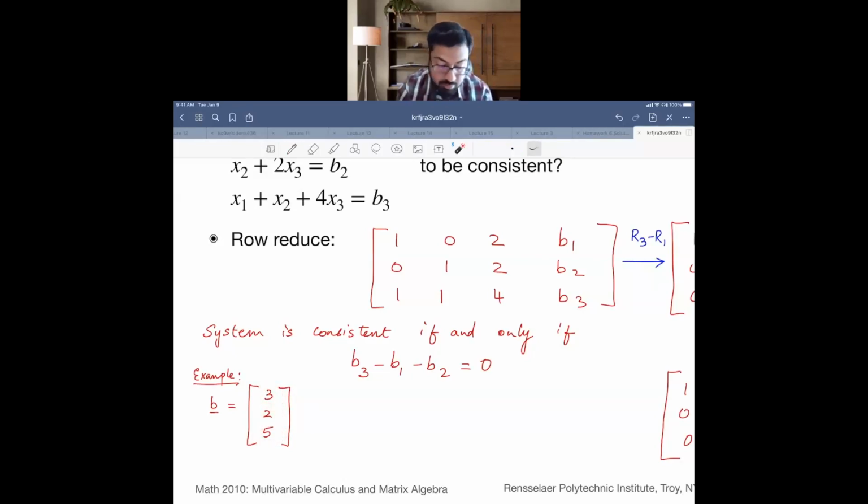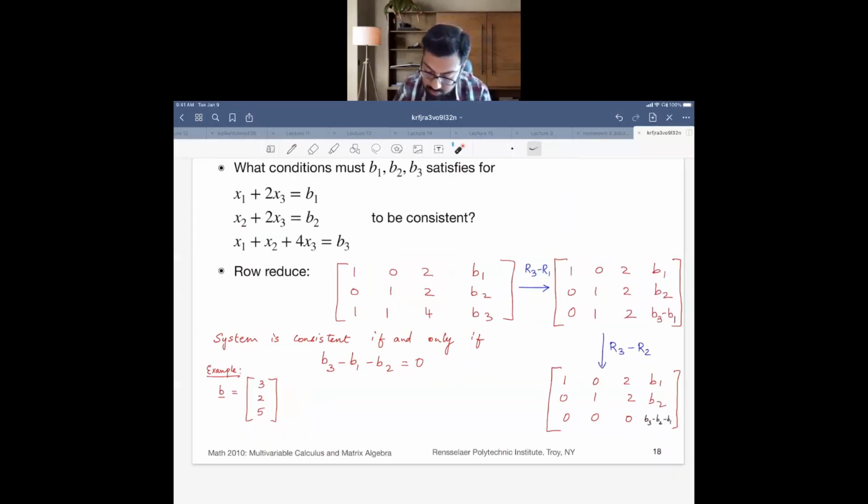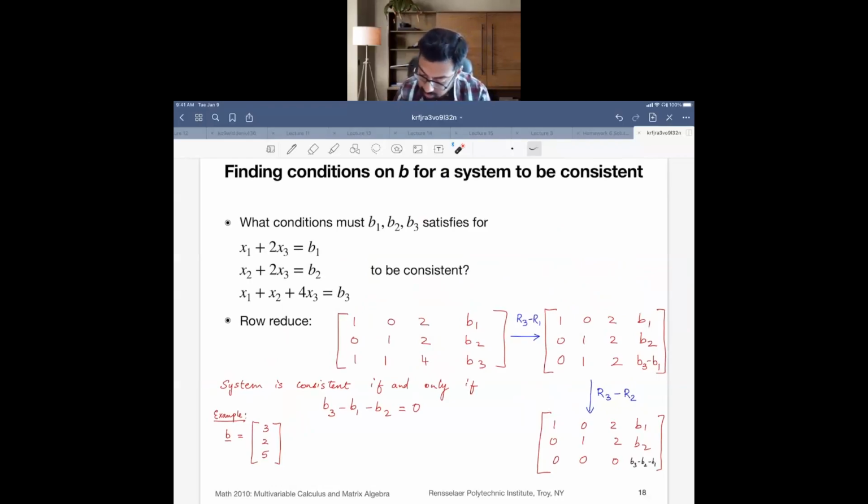So that means that this is going to be a system that is consistent. So if you plug in over here 3, 2, and 5, these values will go to 3, 2, 5. Over here you will have 3, 2, and then 0, right?